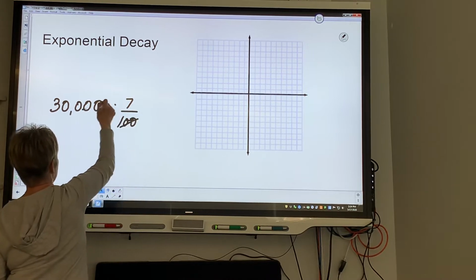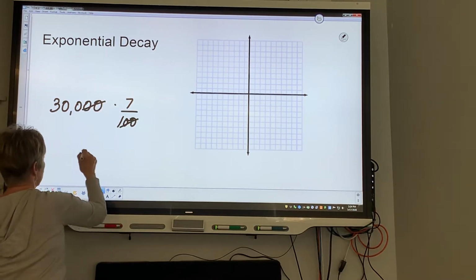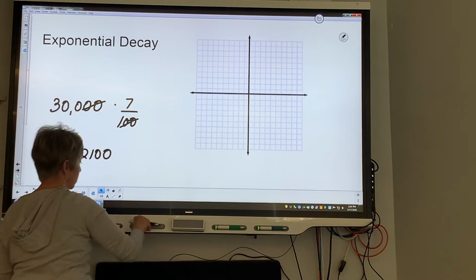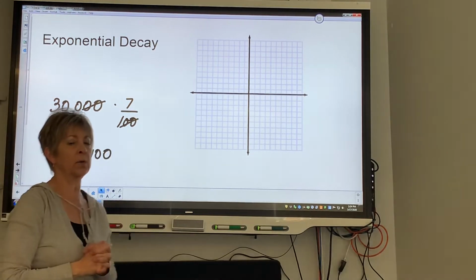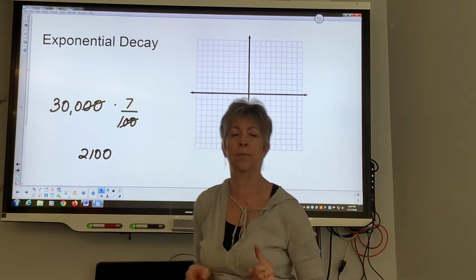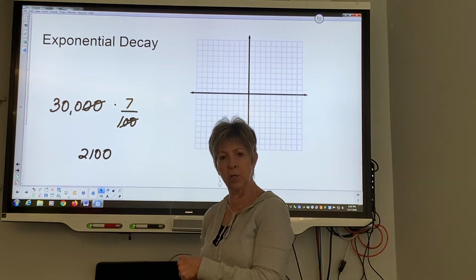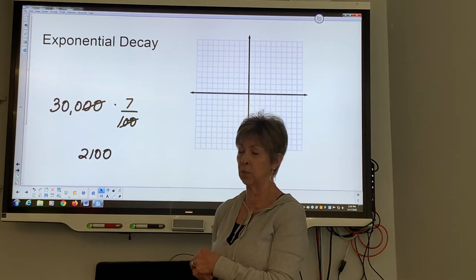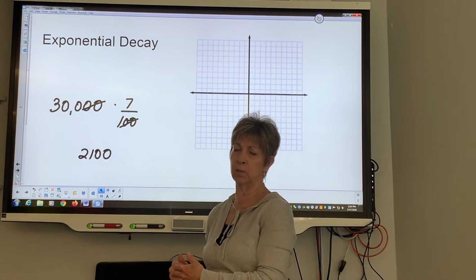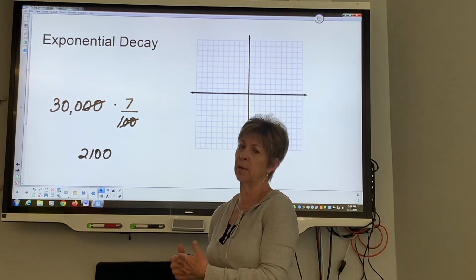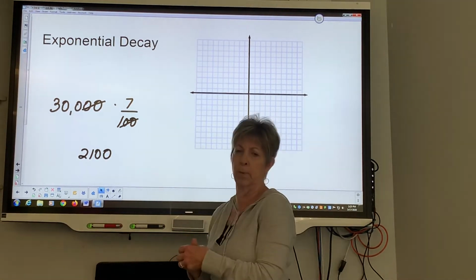Knock two of those zeros off, and we're going to get $2,100. You're going to lose $2,100 in value off that car in the first year. Now the next year, the car isn't worth as much. So if you continue to lose 7%, 7% of a smaller amount isn't going to be as much as $2,100.